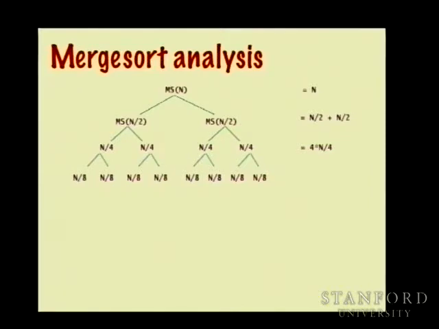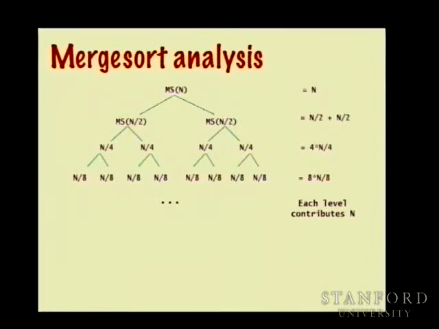So every element is up here, and then they're in 2 subgroups, and then 4 subgroups, and then 8 subgroups. And each element is copied and merged in its own subgroup at each level of the recursion. So that gives me this intuition that there's n work being done on every level, with every element copied and merged as part of that.